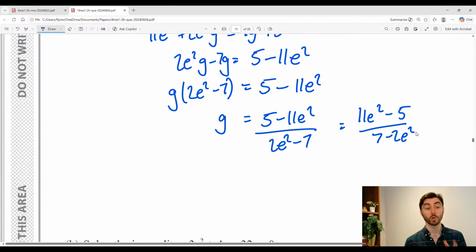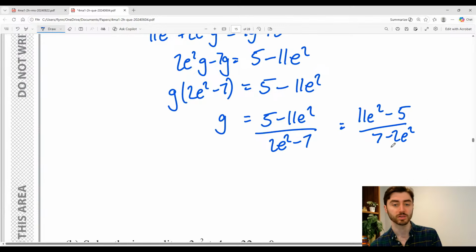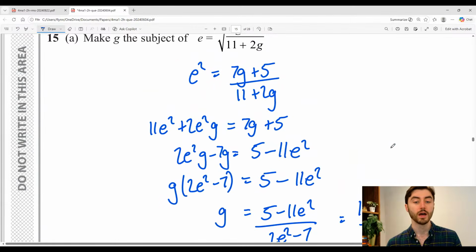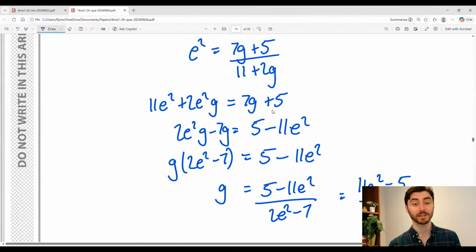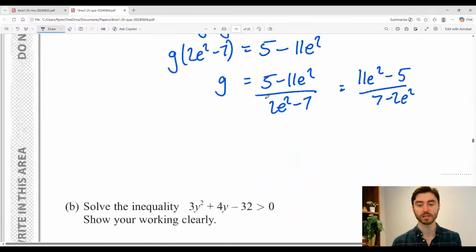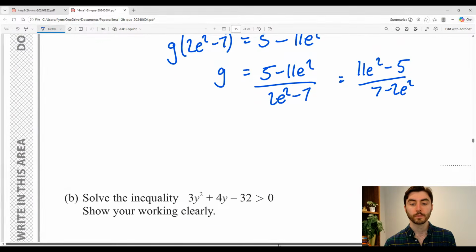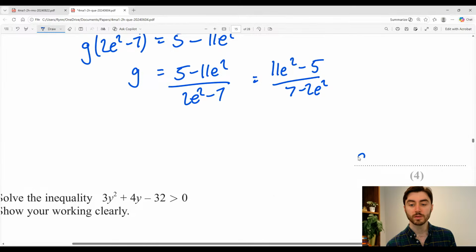These are both equivalent things, and so that is also completely correct. One of the classic things I would expect to see here in terms of execution errors is sign errors when you are bringing things across an equal sign. So just pay really close attention to that. So here, g is equal to 5 minus 11e squared all over 2e squared minus 7.